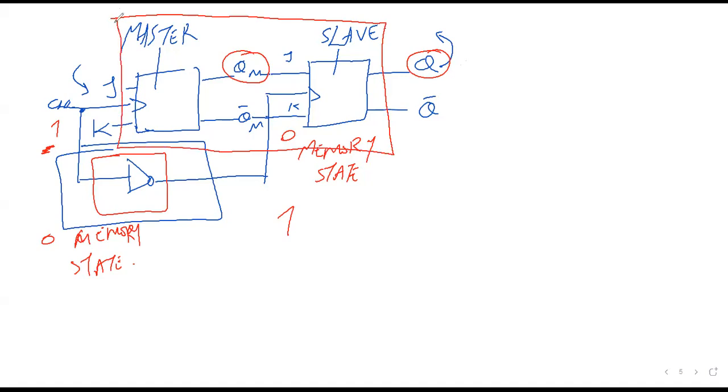But we want to see how it functions. We have an intermediate Q here, which is the QM inside the circuit. Then we have the output Q outside the circuit of the slave. Coincidentally, it is the same as that of the slave.